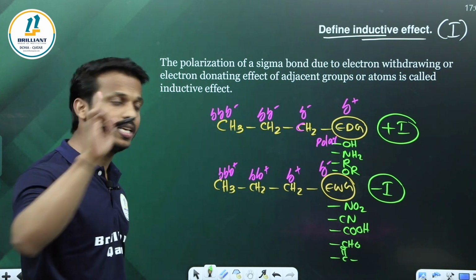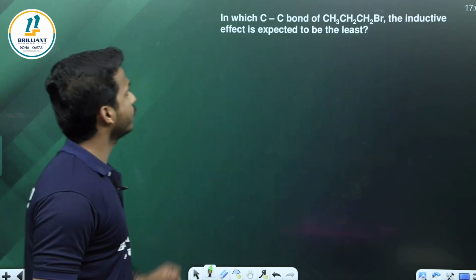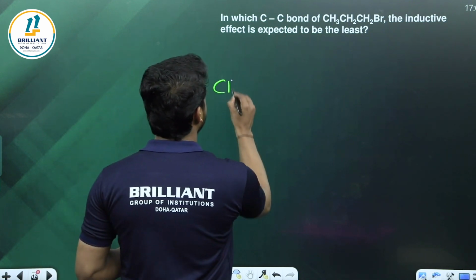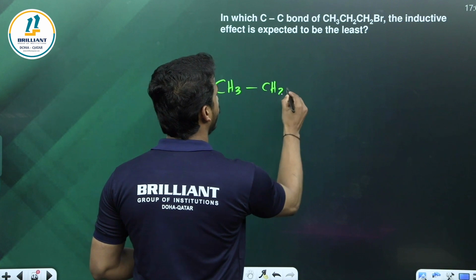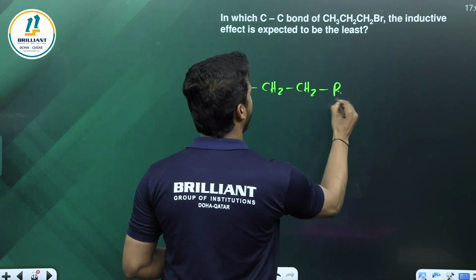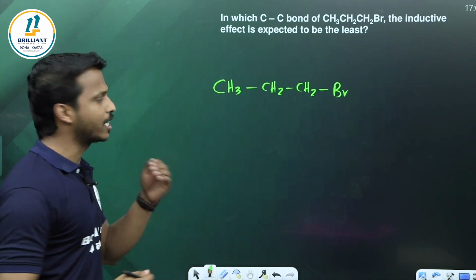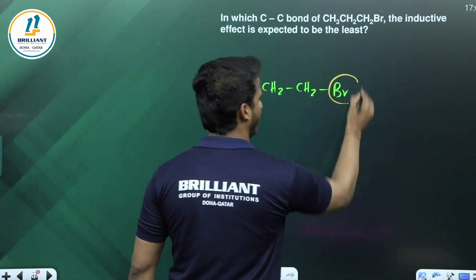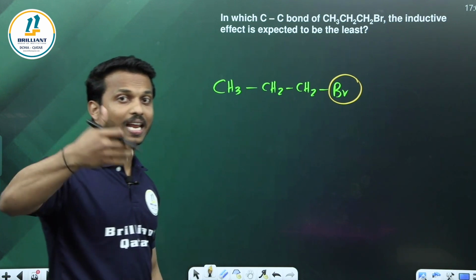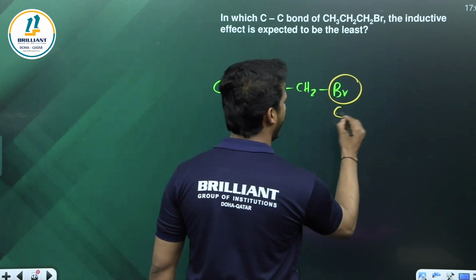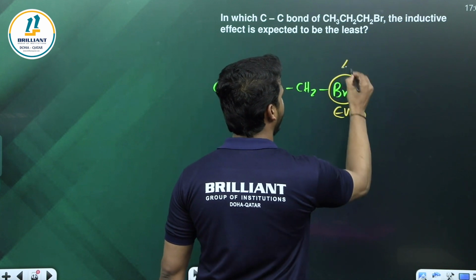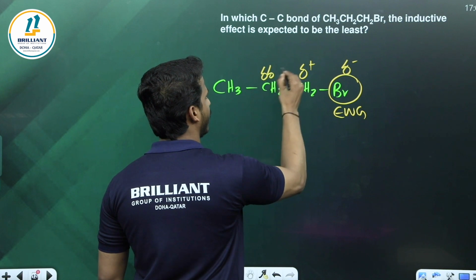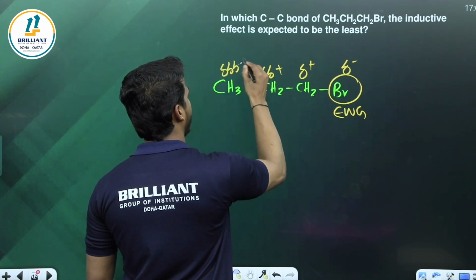Let me show you one NCERT question. In which carbon-carbon bond of the compound CH3CH2CH2Br is the inductive effect expected to be the least? Dear all, which group is present here? Bromine. Halogens are generally electron withdrawing groups, so bromine will get a negative charge because it is taking, and the carbon will get a positive charge: delta plus, delta delta plus.